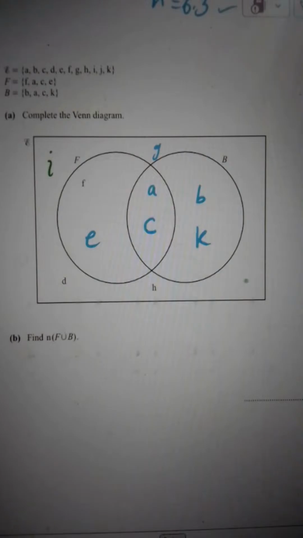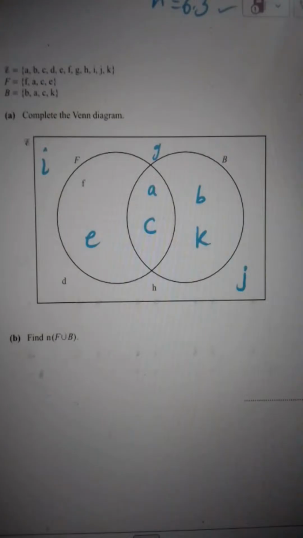I, J. You can write them anywhere in the universal set, because I and J are not part of set F and B, so they will be written outside. So we can write A, B, C, D, E, F, G, H, I, and J. I, J will be outside in the universal set. K is already in the set B. This is how we can complete it.